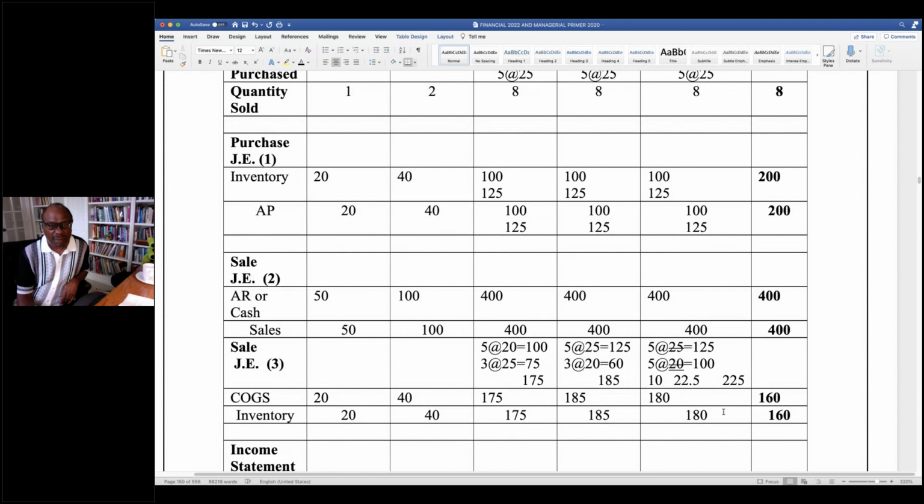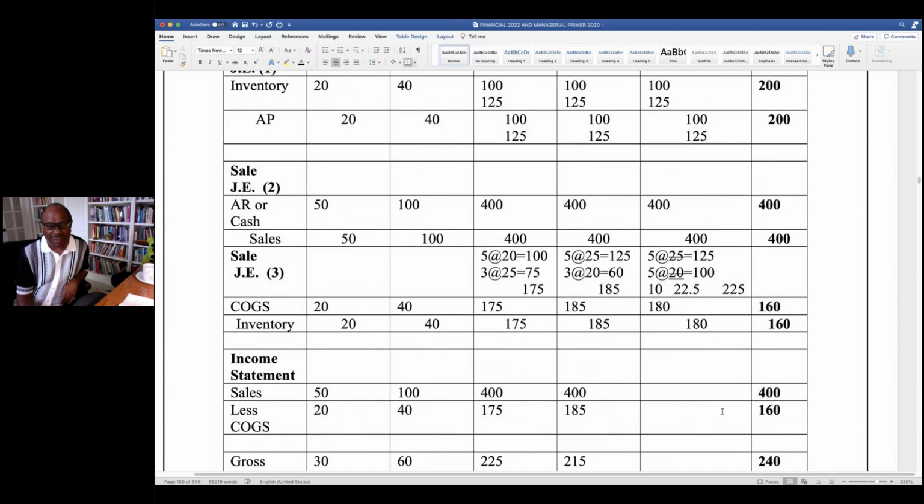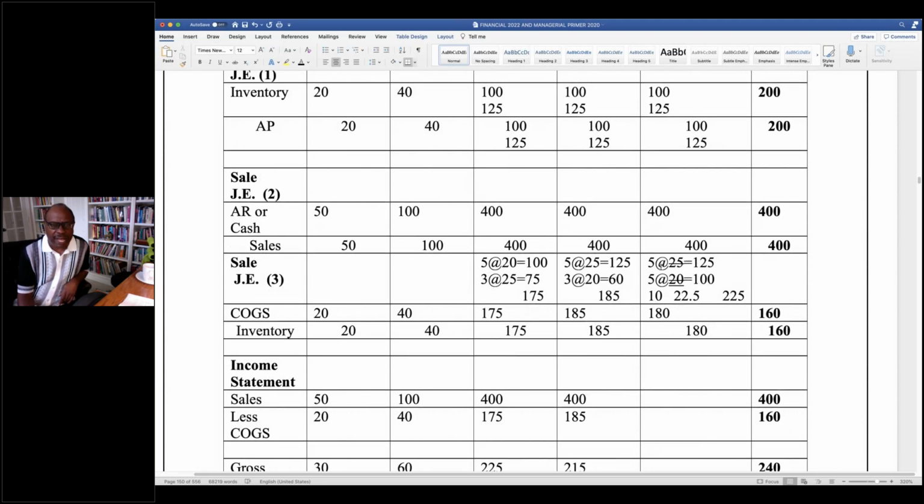Okay. Professor, can you explain this one more time, please? We have 5 at 25. We have 5 at 25. We have 5 at 20. We're going to use an average. We get the average by adding up the quantities, adding up the dollars.